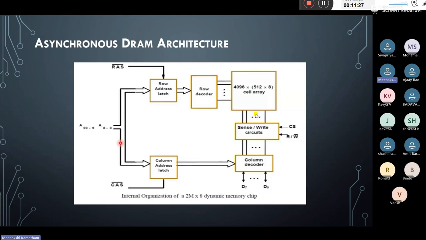Coming to the asynchronous DRAM architecture, first let's see how the internal process works to store one bit of information.